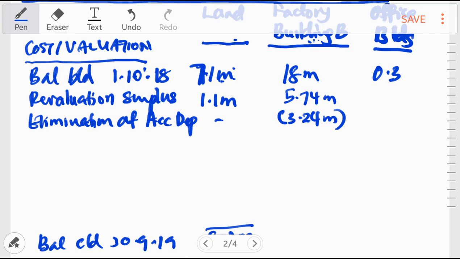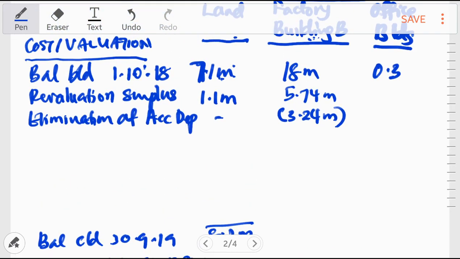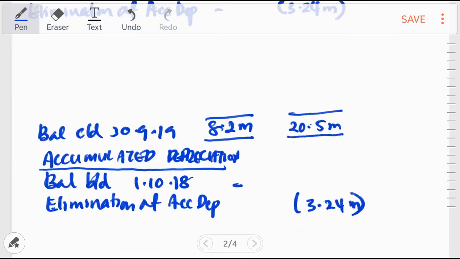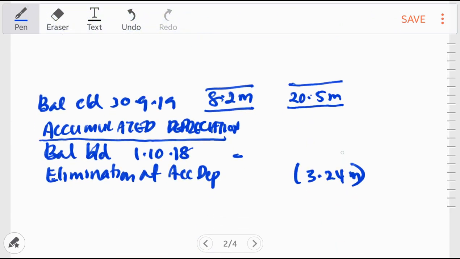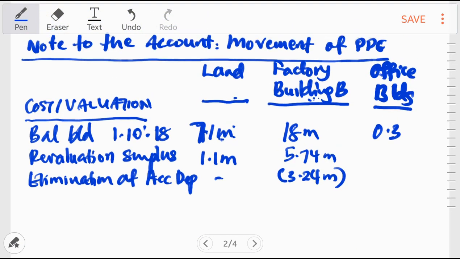Then you have another thing that you need to take note of: at the end of the year, the building has a value here of 20.5 million. So for that year, your depreciation should no longer be based on the previous amount, 18 million.